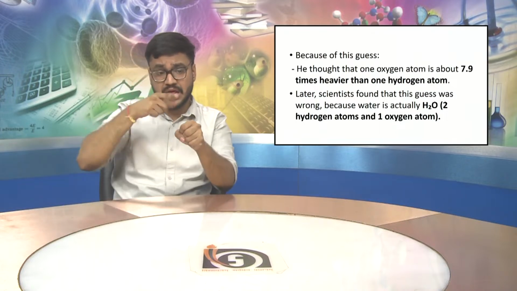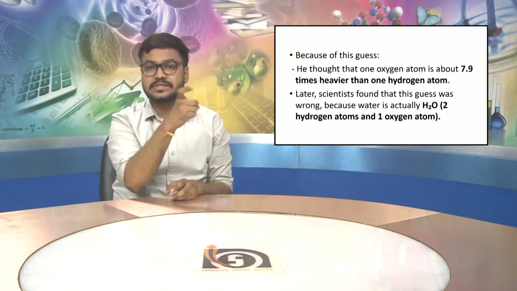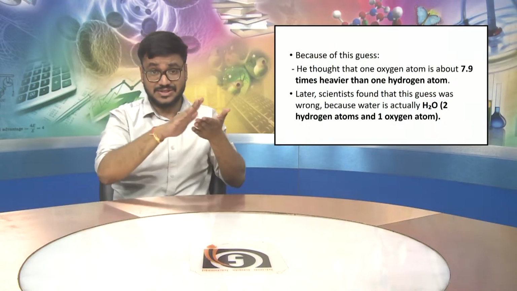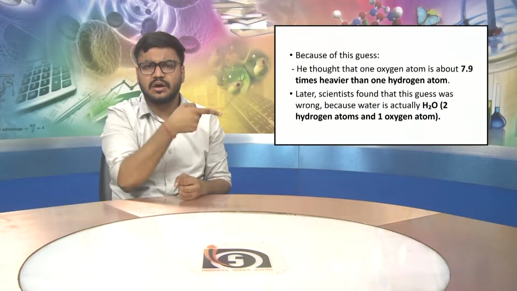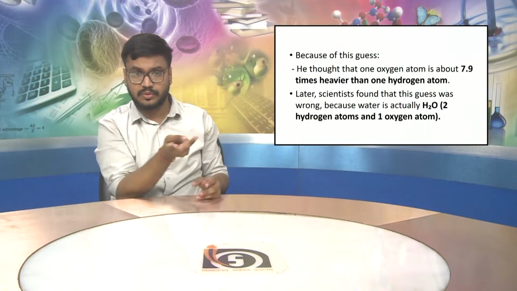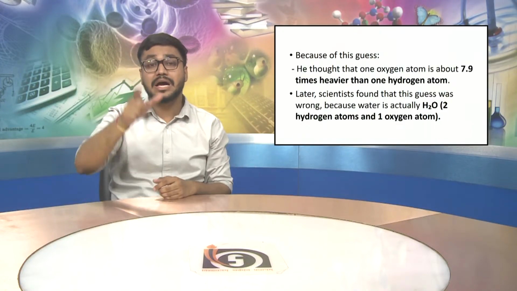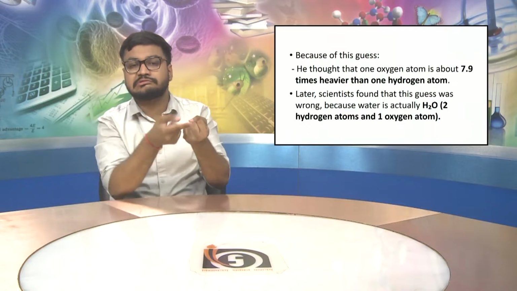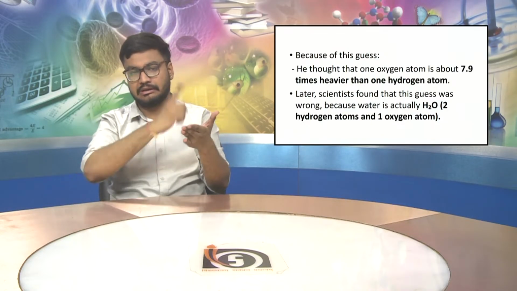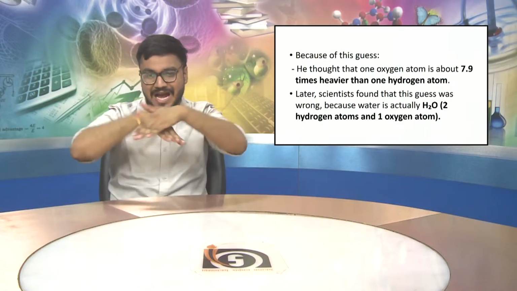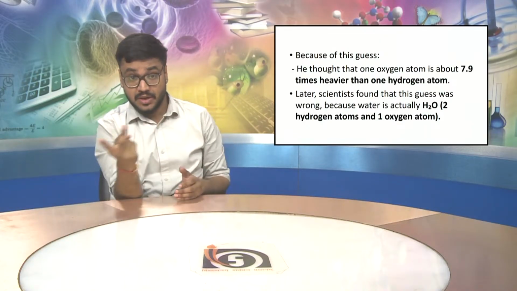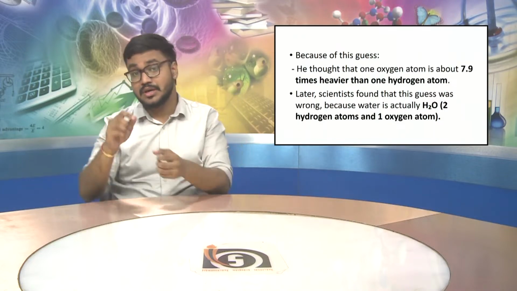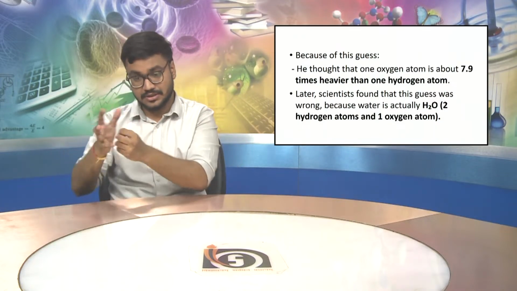Because of this guess, he thought that one oxygen atom is about 7.9 times heavier than one hydrogen atom. Later, other scientists found that this guess was wrong because water is actually H2O, combining two hydrogen atoms with one oxygen atom.